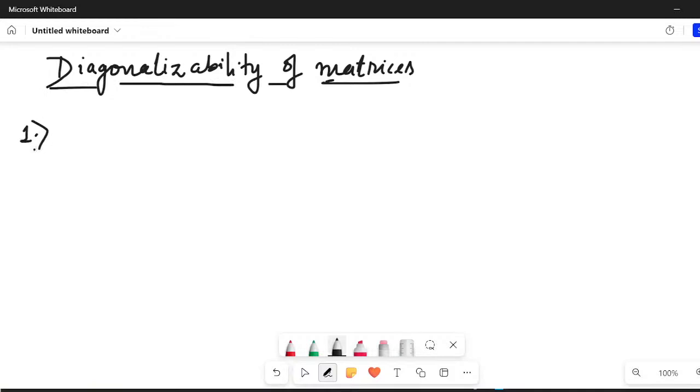First thing, the question arises that till now we've understood diagonalization. Now we want to understand what conditions are required to make a matrix diagonalizable. Can we make every matrix diagonalizable? This is a question that always arises. So the prime question is why we are doing it. So is it possible?